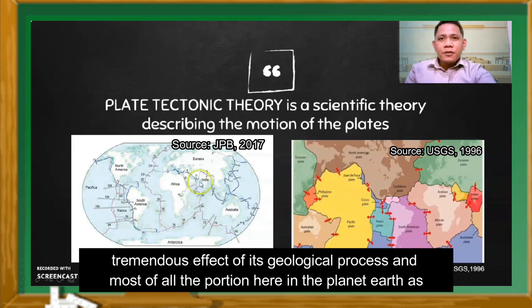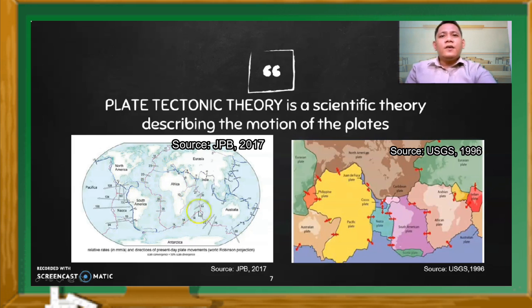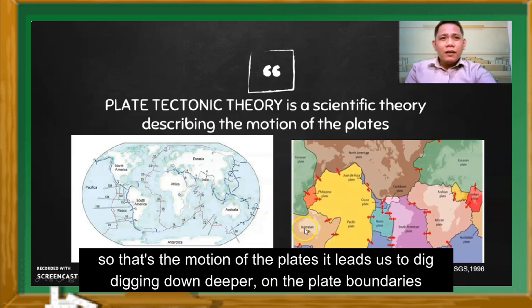Most of the planet Earth has slower plate motion. When there is a sudden motion, it doesn't have to be catastrophic. So that's the motion of the plates.